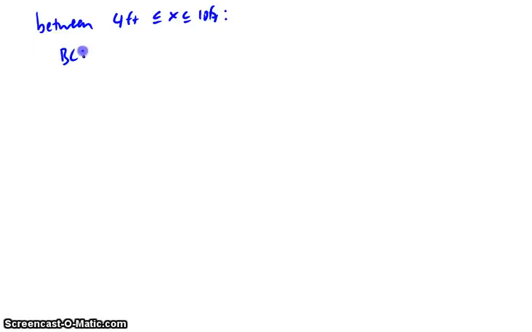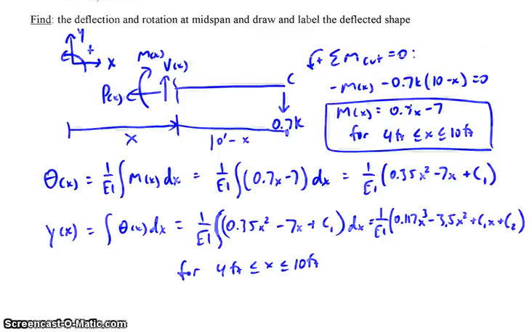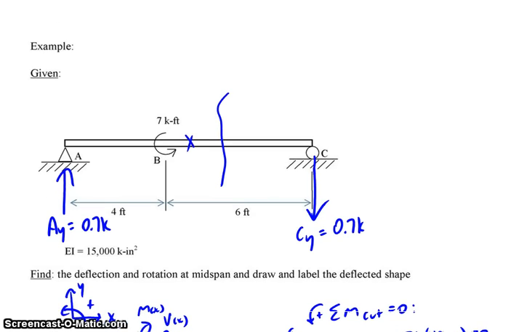For boundary conditions, we have the deflection at 10 feet is equal to 0. And if I scroll up to look at our original picture, we know the deflection is going to be 0 at 10 feet because at 10 feet we have the roller support. And rollers, we can't have any vertical deflection.